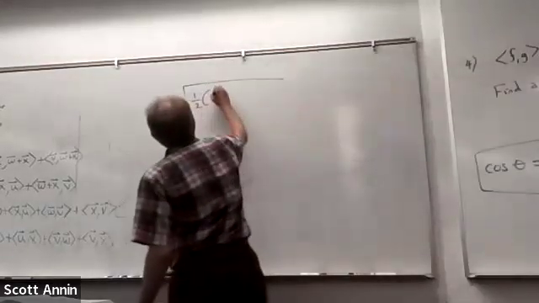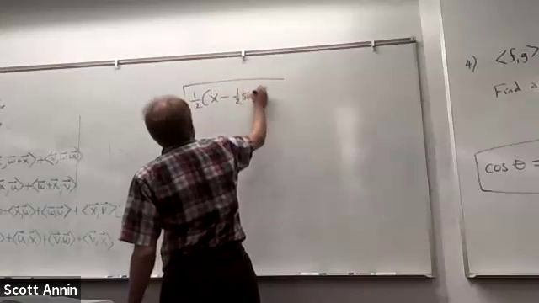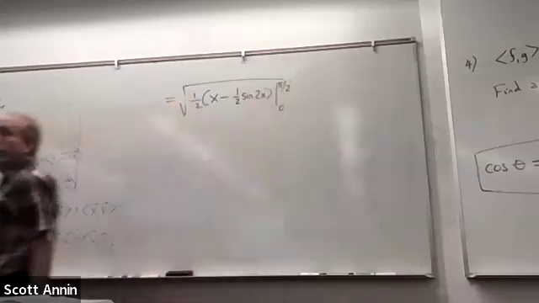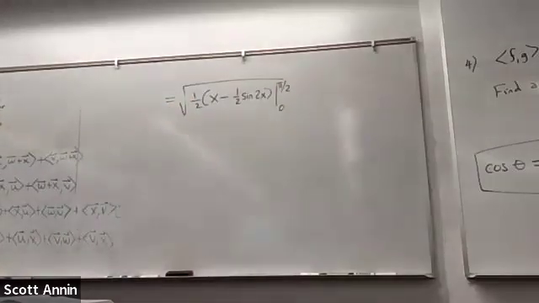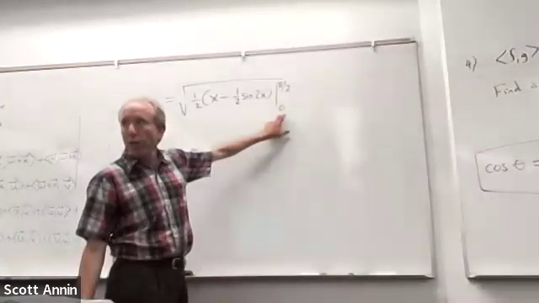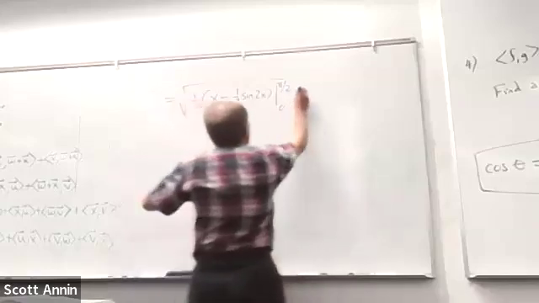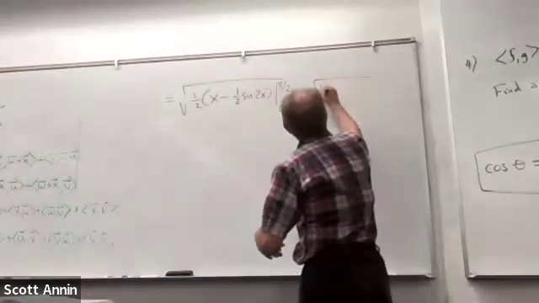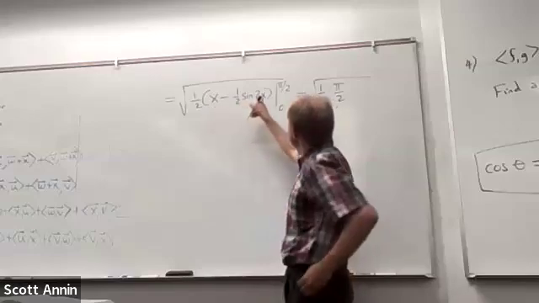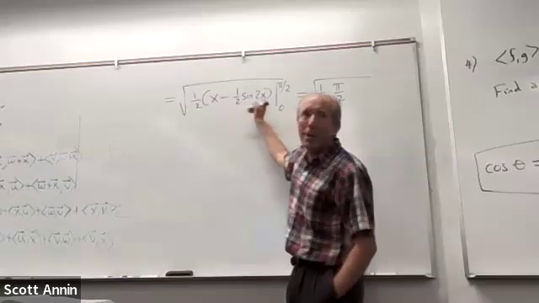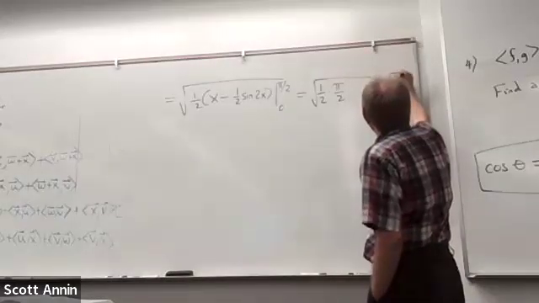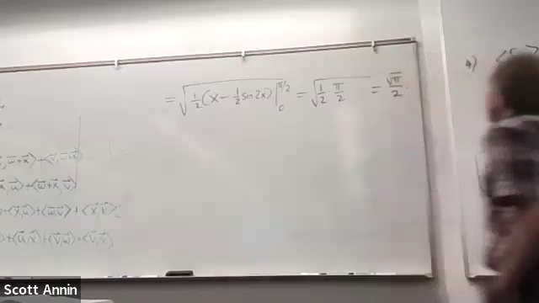That's just going to be x minus 1/2 of the sine of 2x, evaluated from 0 to pi over 2. When you plug in the lower limit, nothing happens, you just get 0, since sine of 0 is 0. For the upper limit, we have the square root of 1/2 times pi over 2 minus sine of pi, and sine of pi is also 0. So there's nothing else to write down, and this is the answer: the square root of pi divided by 2.